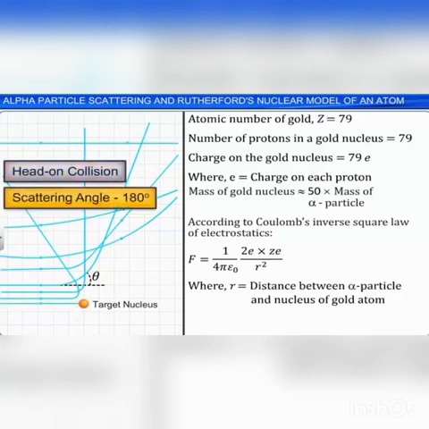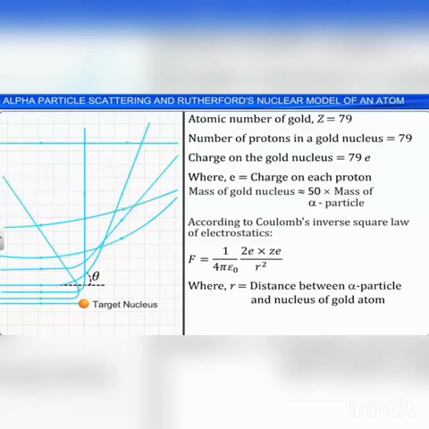Therefore, such alpha particles bounce back. Since very, very few of the incident alpha particles undergo head-on collision, it can be said that the mass of the gold atom is concentrated in a very small region called the nucleus.